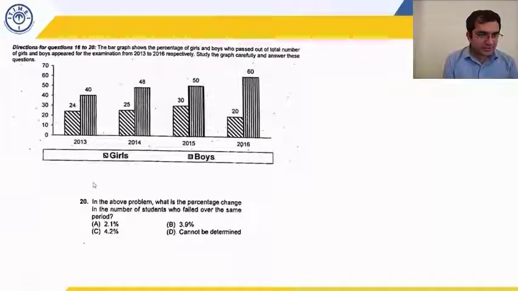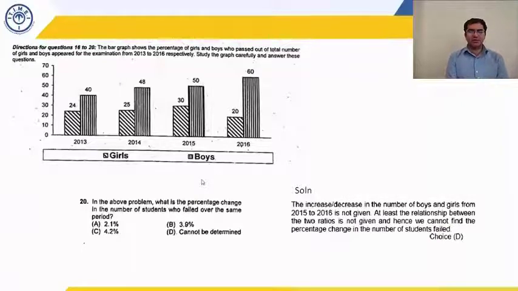Do you see that we only know the percentage of boys and girls who passed, but we don't know the total? So we don't know the total number of students here, and we don't know the total number of students here. So when we don't know the total, we cannot find out the total who passed. So we cannot find out the total who failed. So we cannot find out the percentage change. So the answer is cannot be determined.